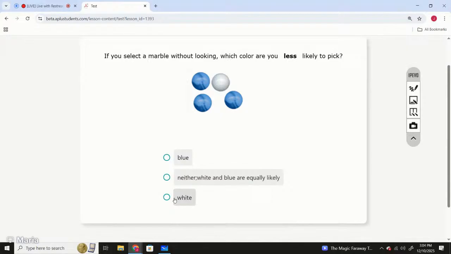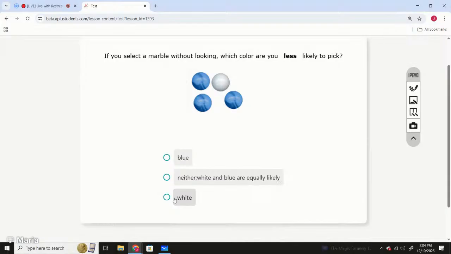If you select a marble without looking, which color are you less likely to pick? So there are three blue marbles and only one white marble, right?